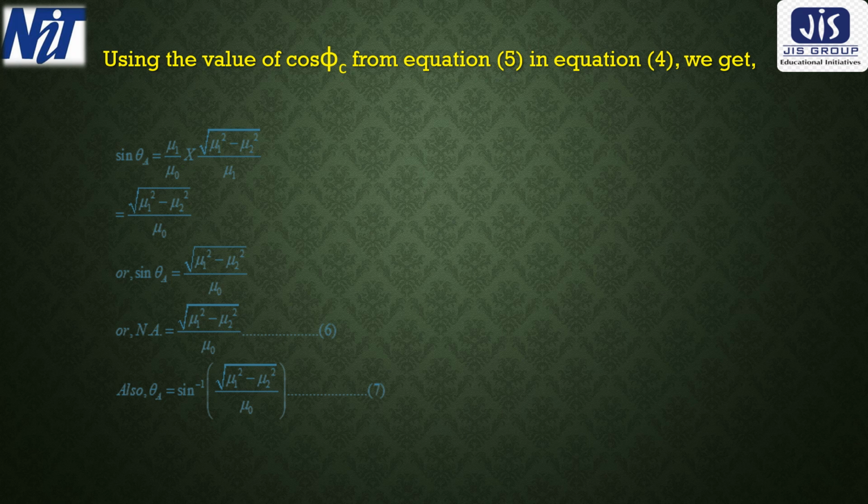So that angle we have to find out, and that angle will be equal to sine inverse of under root mu 1 square minus mu 2 square by mu naught. So equations number 6 and 7 are very important relations which give us respectively the numerical aperture as well as the angle of acceptance.